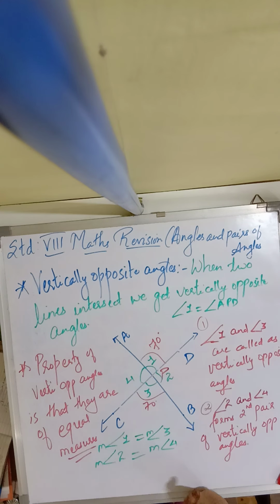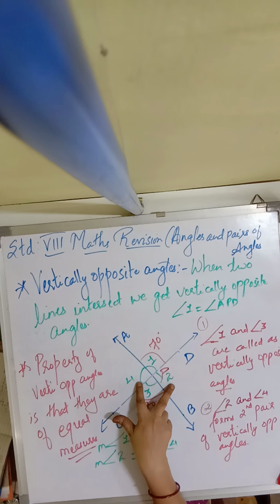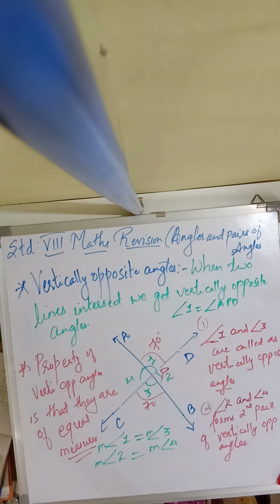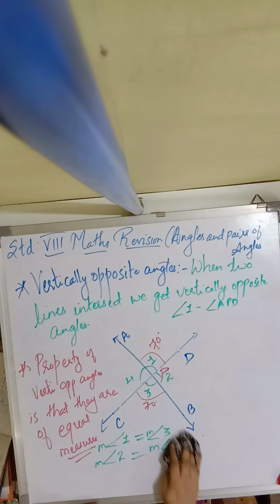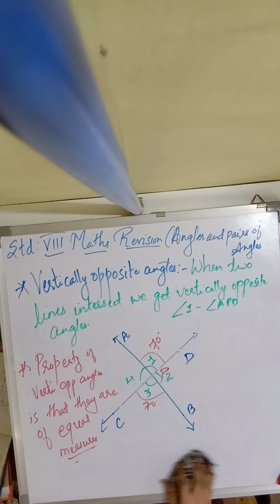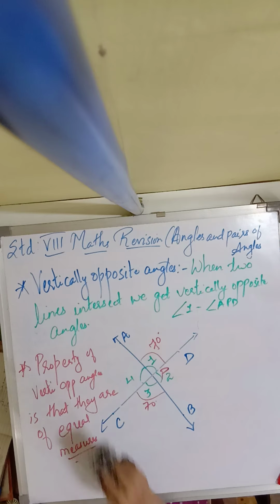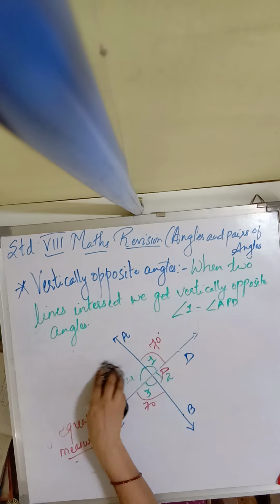So one angle you have already got, that is 70. Now the remaining two angles, how are we going to find them? Let's see. And children, this property that vertically opposite angles are of equal measure is very important. So you are going to write it down and learn it.